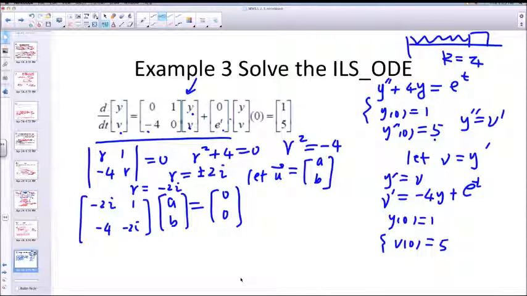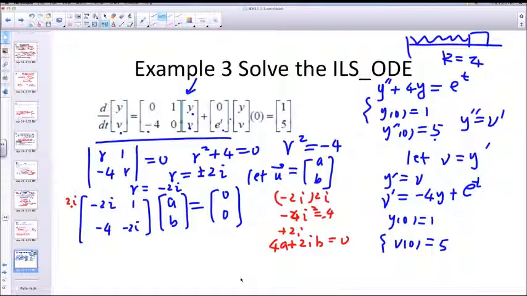Let me multiply by 2i here. You know what I'm talking about. Negative 2i times 2i is negative 2i squared times 2, which is 4. And then you have the negative 2i here. That's exactly the same. If you multiply by 2i, this becomes 4a plus 2ib equals 0.